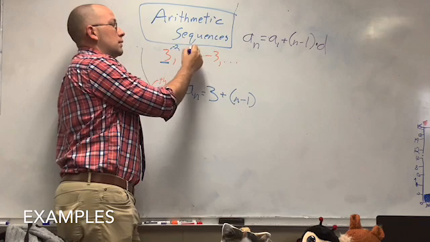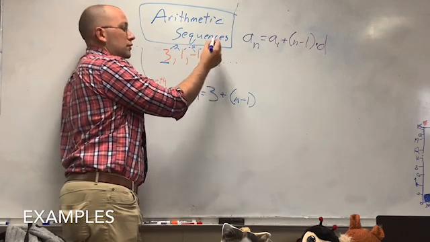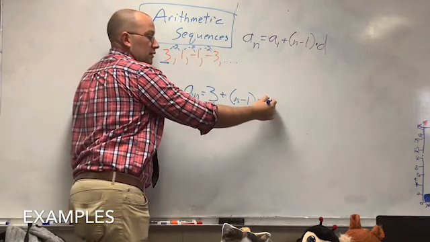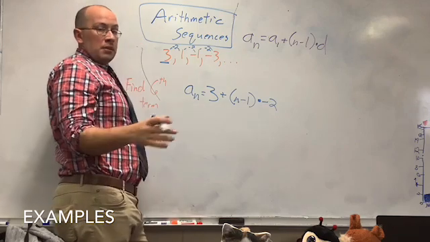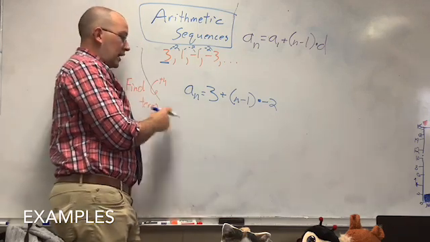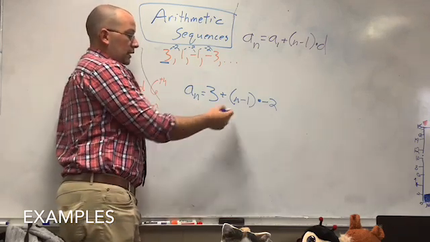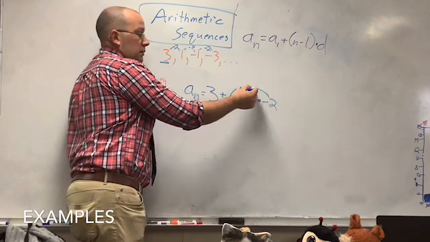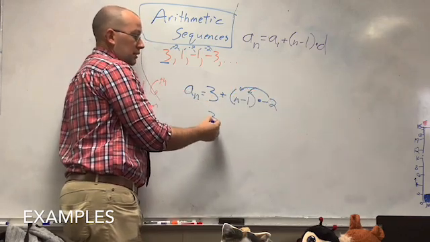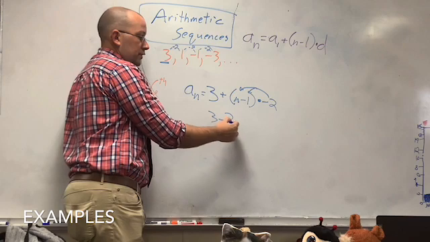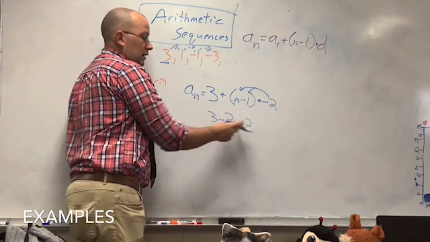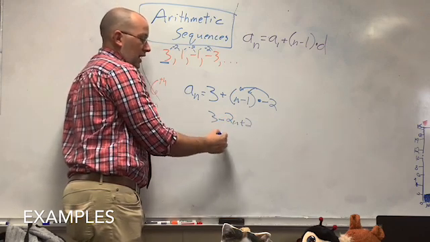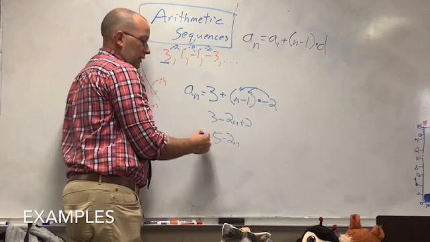Minus 2, minus 2, minus 2, times negative 2. Now I'm going to simplify this down before I find the sixth term. So I distribute the negative 2n, gives me 3 minus 2n plus 2. Combine my like terms, I get 5 minus 2n.